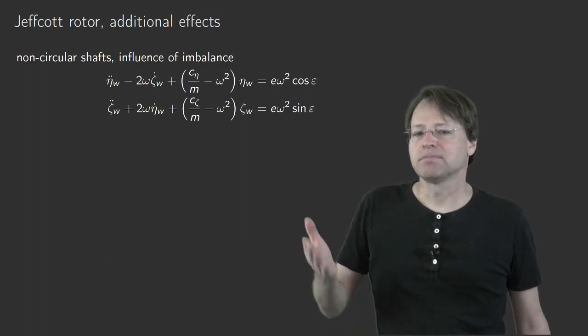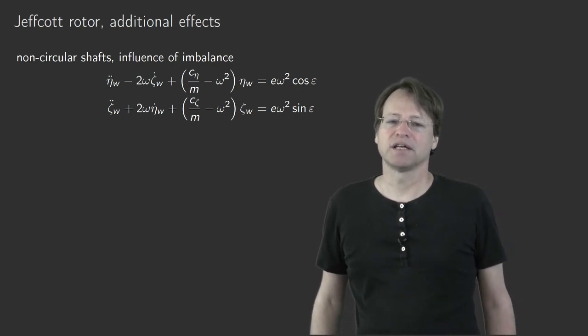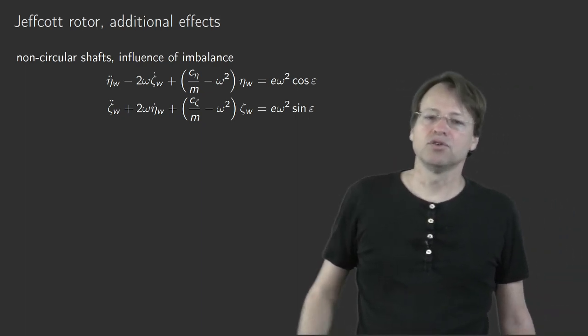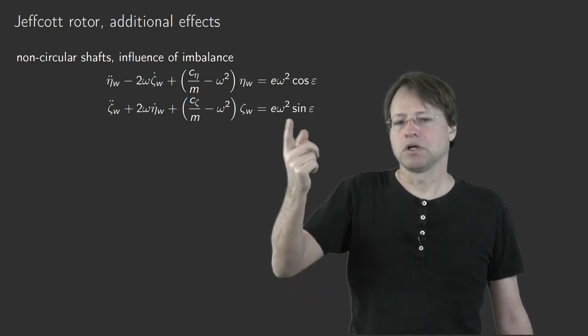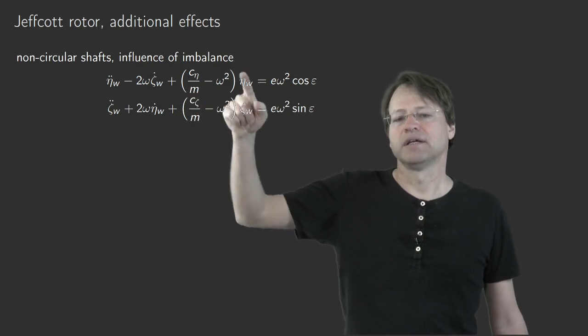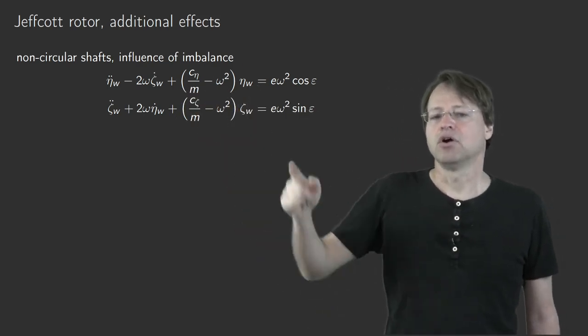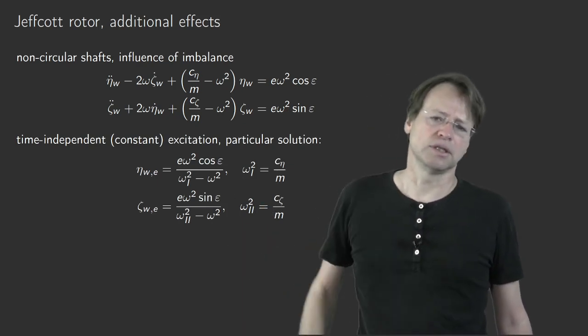As I said, this is the particular solution that is particularly simple because the right-hand side is a constant. So we will assume for the particular solution a setting where we just take the same constant here, but of course we have to divide it by that leading factor of eta sub w and zeta sub w. This is easily done.